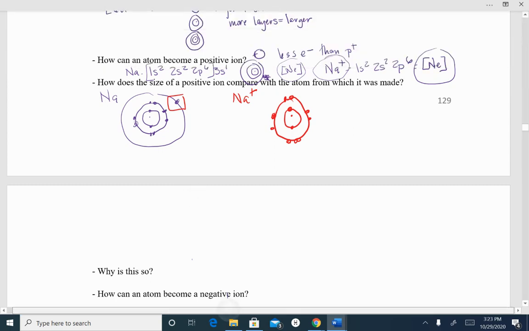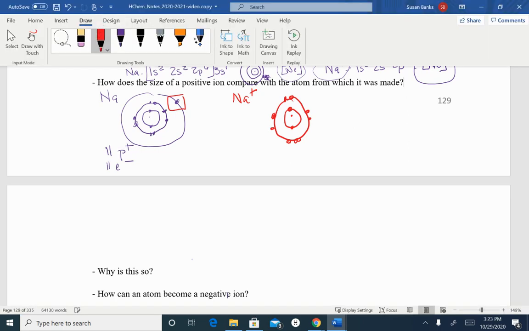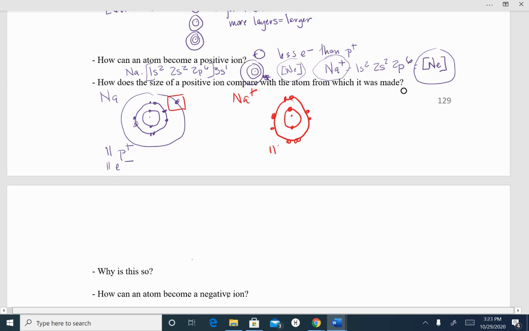On normal sodium, I have 11 protons and 11 electrons. On this sodium ion, I have 11 protons, but I only have 10 electrons. I've gotten rid of this whole outer shell to go down to the noble gas configuration of neon.